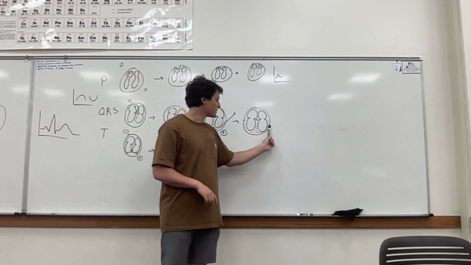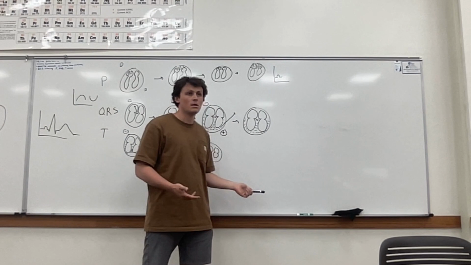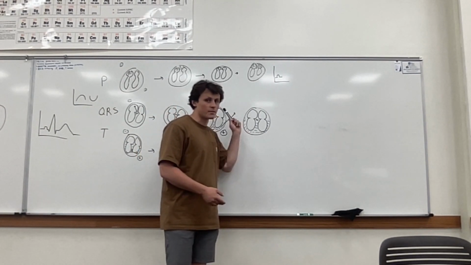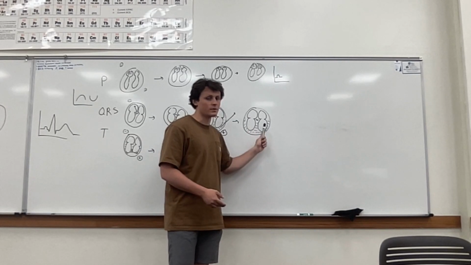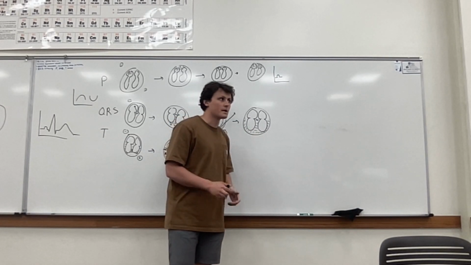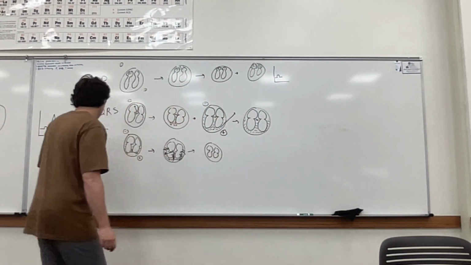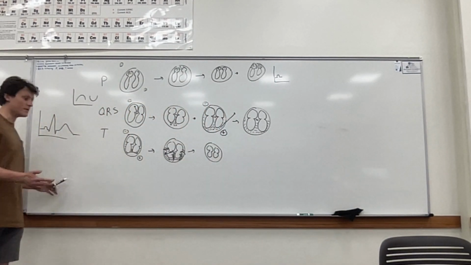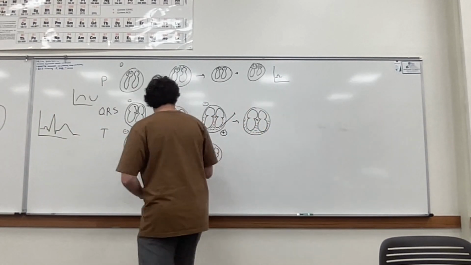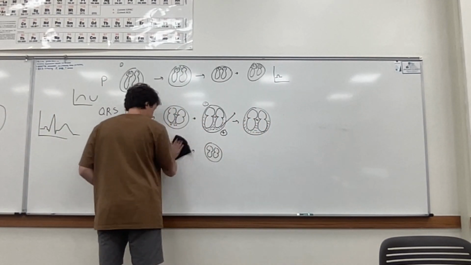And then we have completely depolarized our ventricles. And similar to our P wave, we don't go past the dividers between the atriums and the ventricles. Lastly is T waves. T waves are pretty simple.